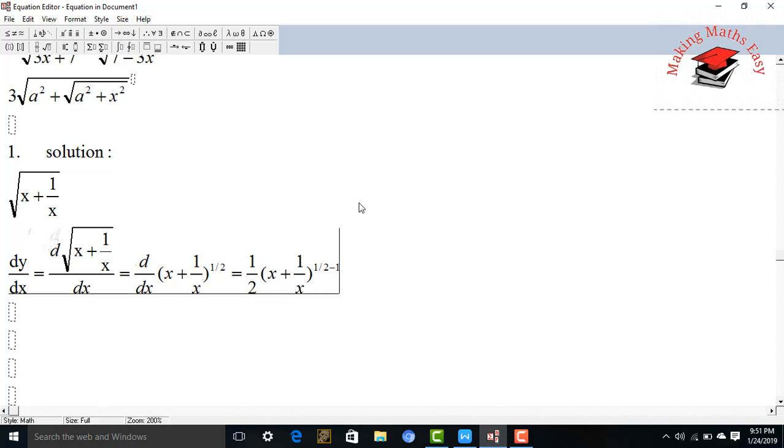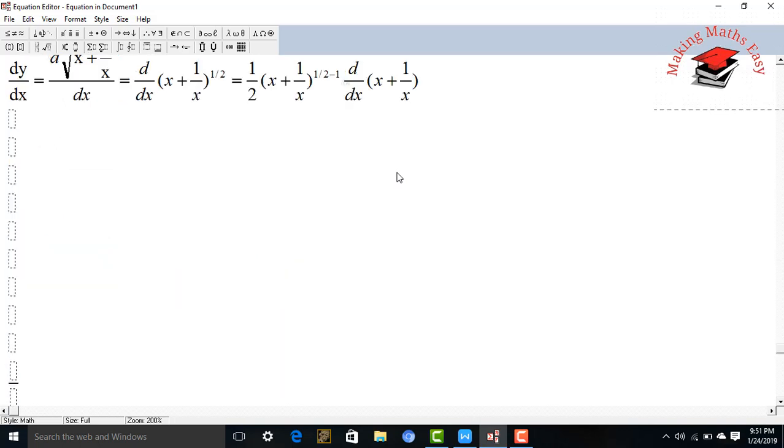And again we have to take the derivative of a function. So write d by dx of x plus 1 by x, and carry out the derivative of this function. So we will solve further.